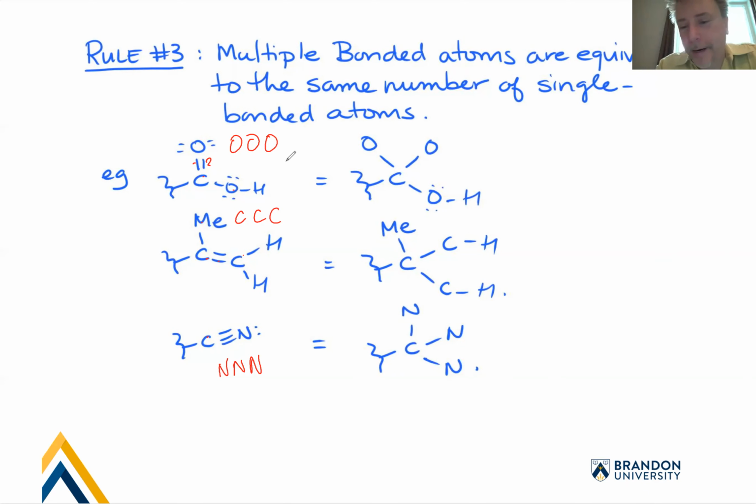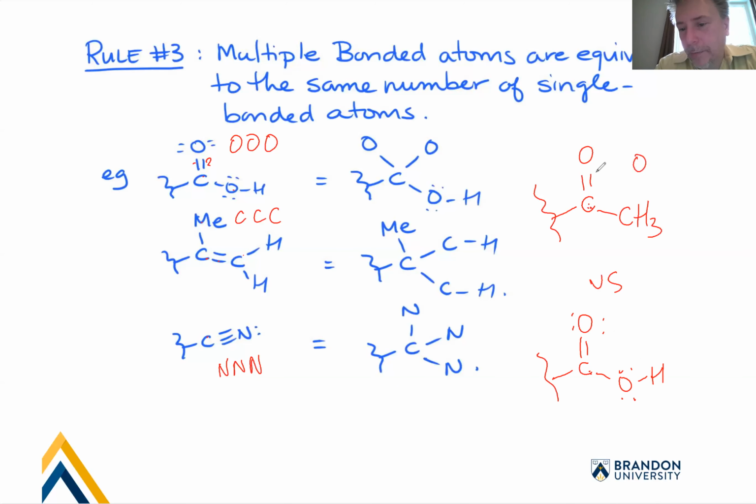So if you were comparing a ketone versus a carboxylic acid, so the carbon's the same. So both of those are equal. This carbon is bonded to oxygen 1, oxygen 2, carbon.